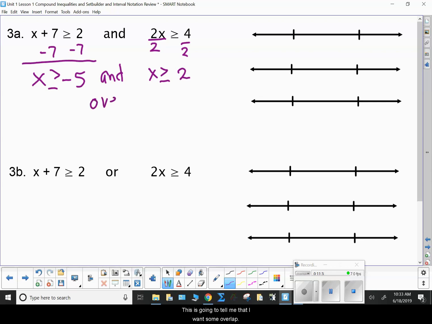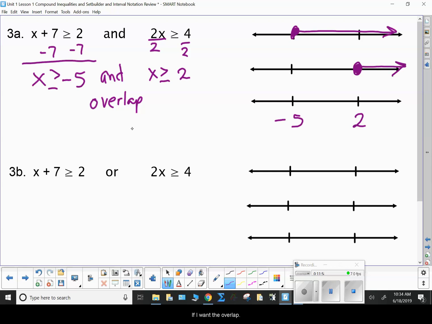This is going to tell me that I want some overlap. Well, if I have -5 here and I have 2 here, if I first graph this one, I have a solid point and I graph to the right. X greater than or equal to 2, I have a solid point at 2 and I graph to the right.